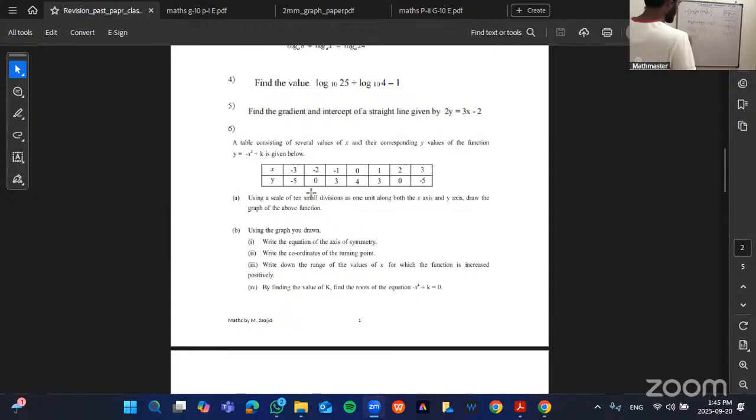My mistake. Then 25 times 4 is 100, divided by 10 is 10. Again, log 10 of 10: same base and same numbers means the answer is 1. So the final answer of this, when you simplify, is 1.